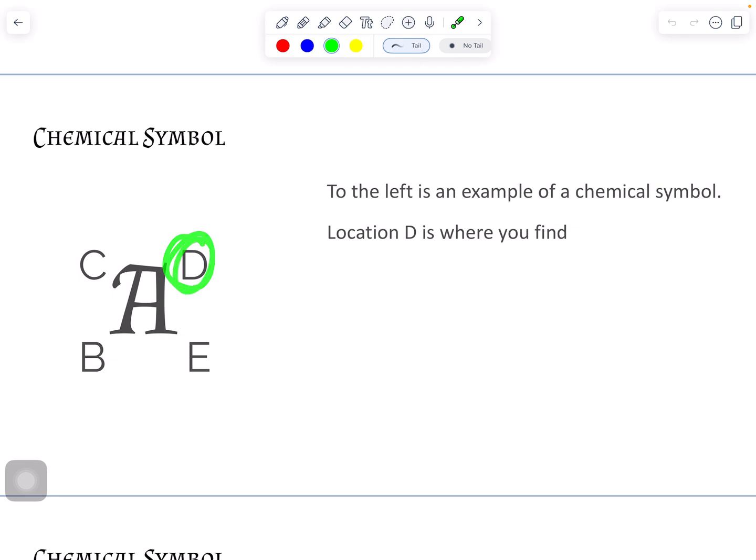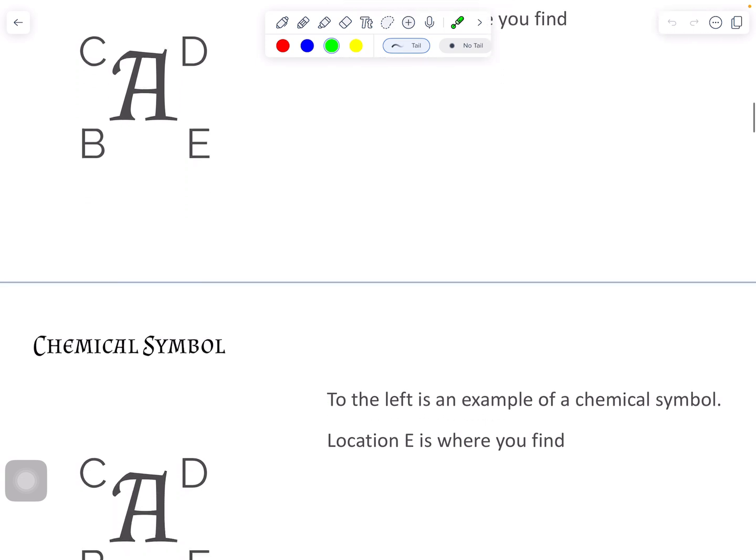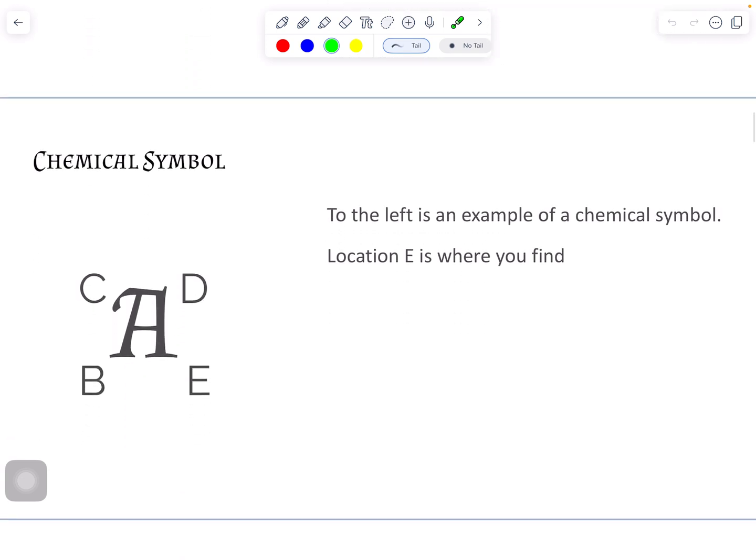Location D is where you find. Then location E is where you find.